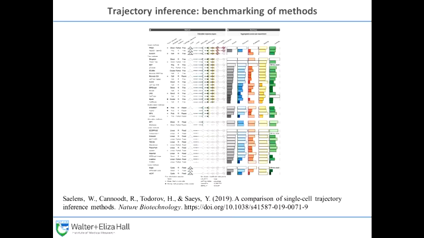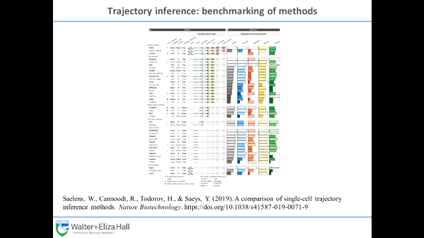Details there, as I've said. Like the clustering problem, there are probably at least 50 trajectory inference methods now. So again, that problem of benchmarking and finding a reference is really important. This paper is outstanding, one of the best benchmarking papers I've seen.